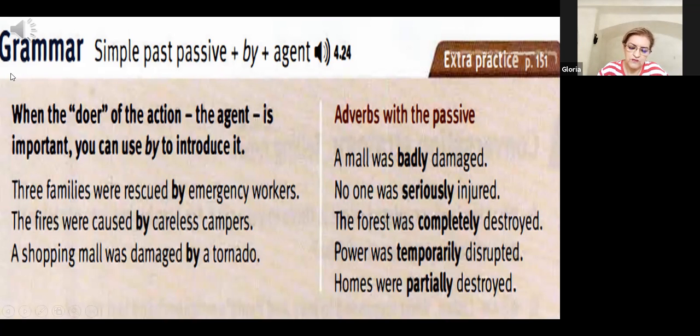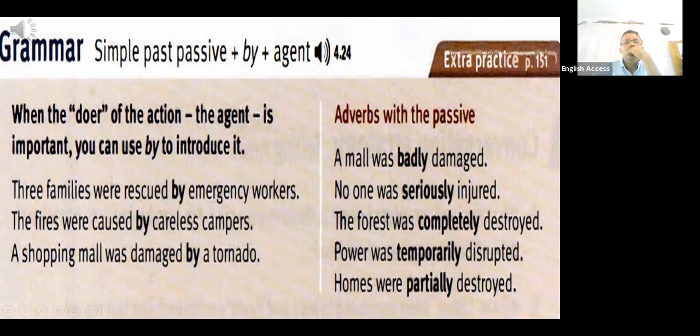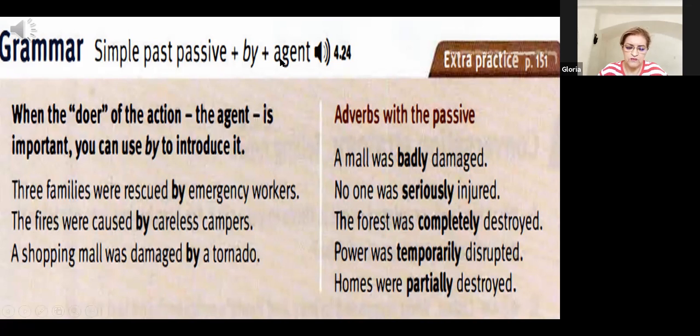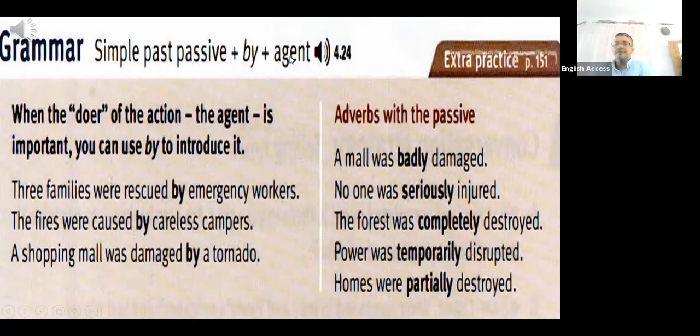Grammar. Simple past passive plus by plus agent. When the doer of the action, the agent, is important, you can use by to introduce it. 3 families were rescued by emergency workers. The fires were caused by careless campers.